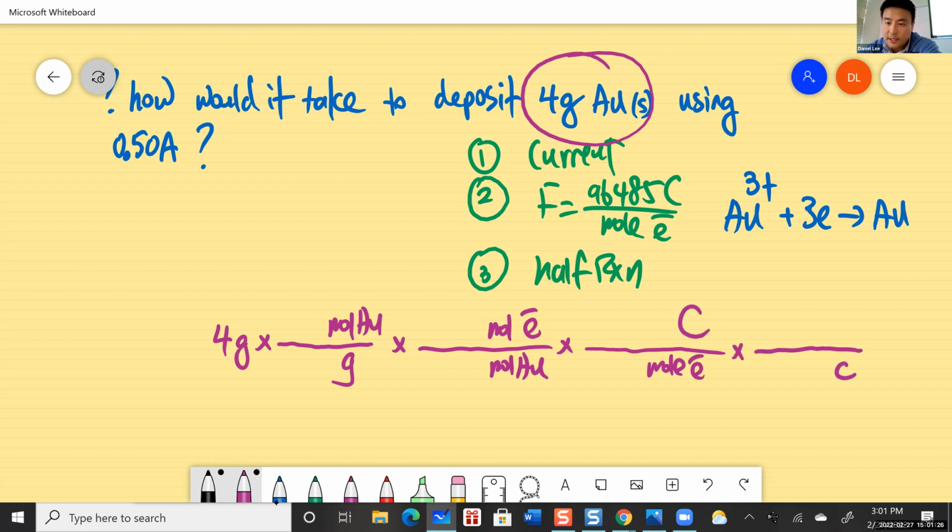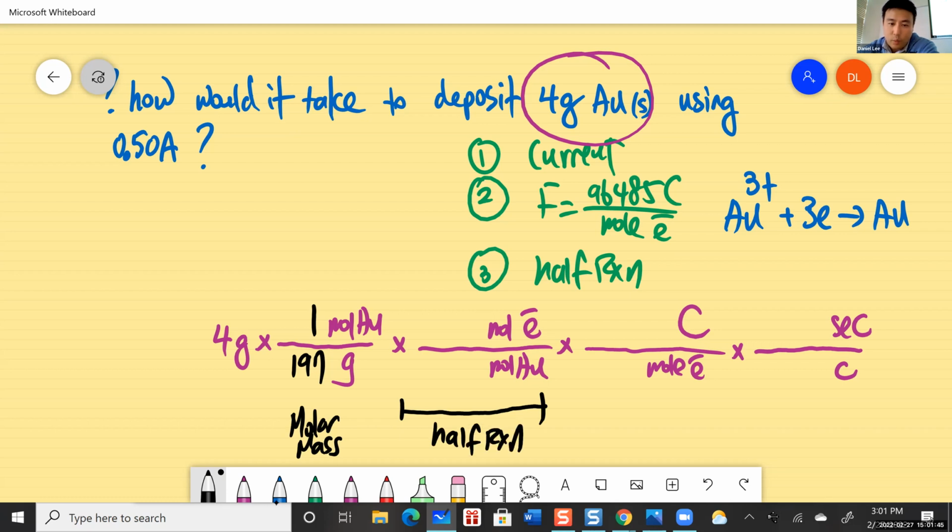From coulombs, you use current to convert to seconds. So there. 1 mole of gold is 197 grams, that's the molar mass. And this is the half reaction. The half reaction says 1 mole of gold requires 3 moles of electrons.